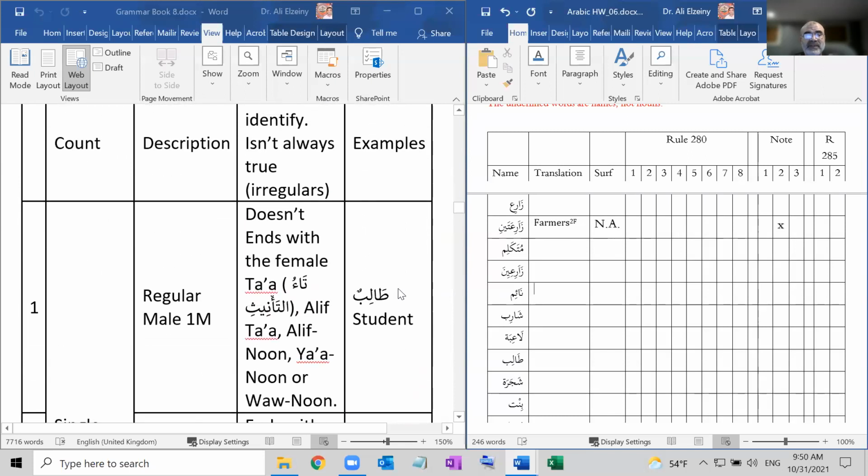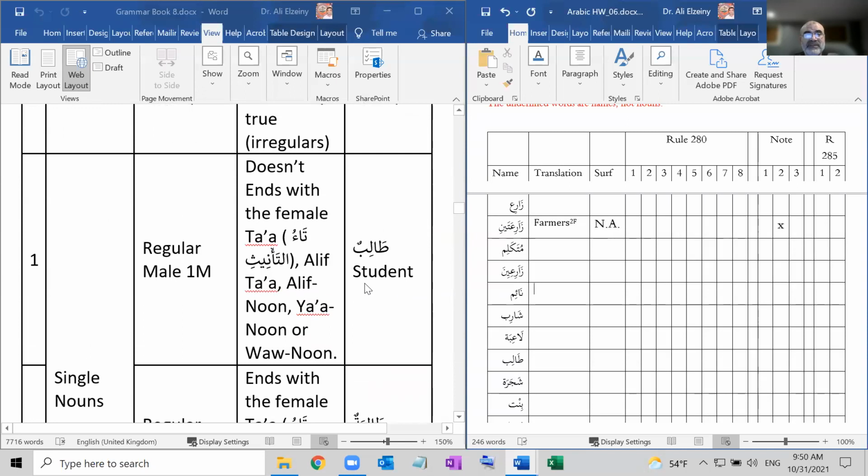Singular. Okay? Because it doesn't end with female ta, alif ta, noon ya, noon waw, alif noon, ya noon, or waw noon. Therefore, it's singular. But I want to find out if it's singular or a regular plural.